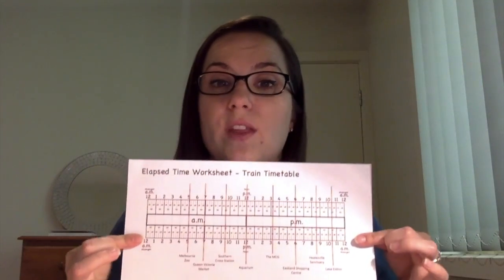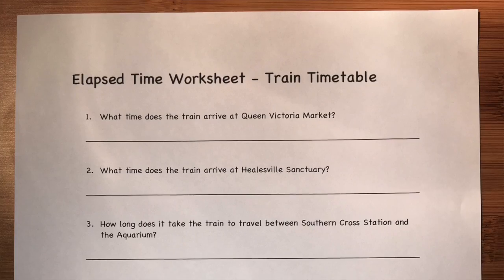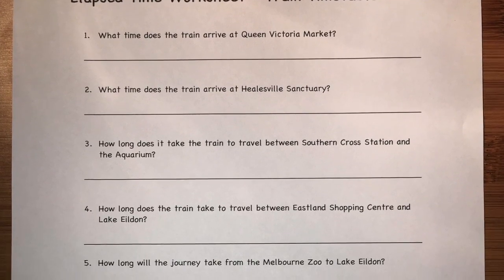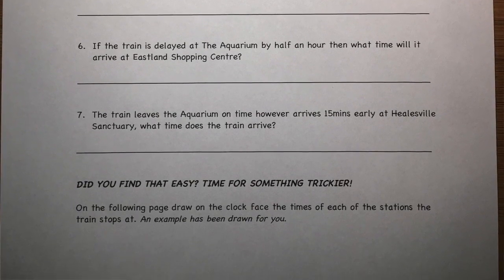Spending some time understanding the worksheet, talking students through the stations and the times without giving them too much of the answers, we moved on to a questionnaire that students were then to work on independently. Questions ranged from what time did the train arrive at such and such station, to if the train was delayed by 5 minutes at B station, what time would it arrive at C station. Things like that worked really well.